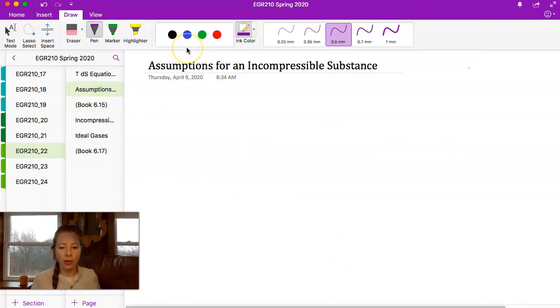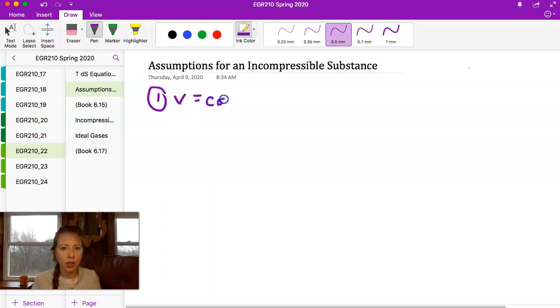So let's start with the built-in assumptions. For an incompressible substance, the specific volume throughout a process is going to be constant, right? We're not changing the specific volume. We're not changing the density because the substance is not compressible.